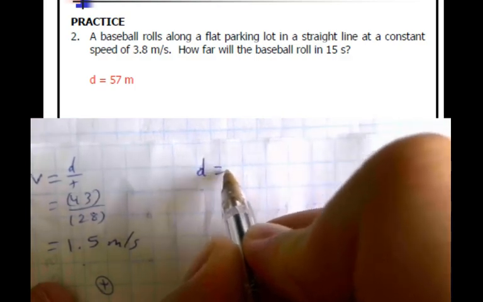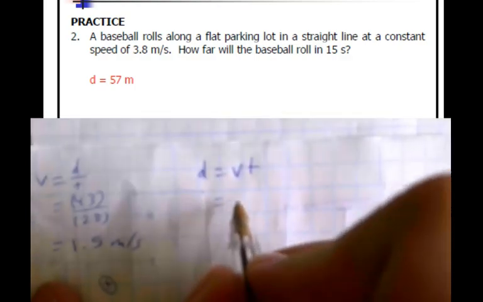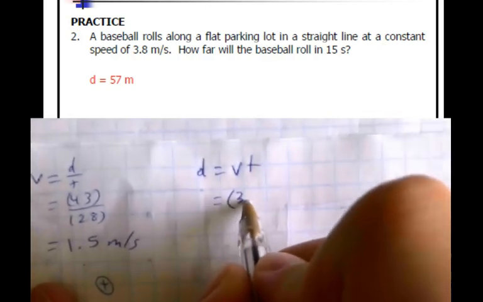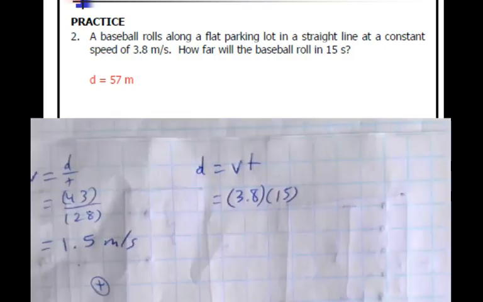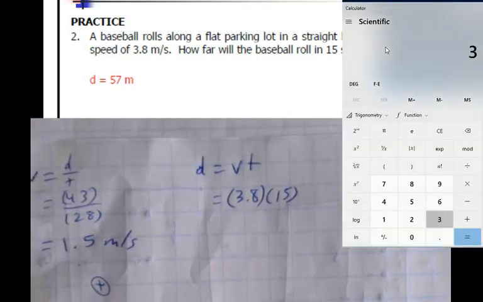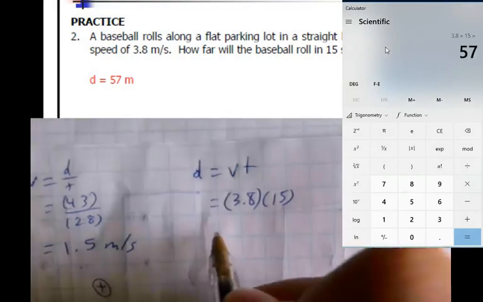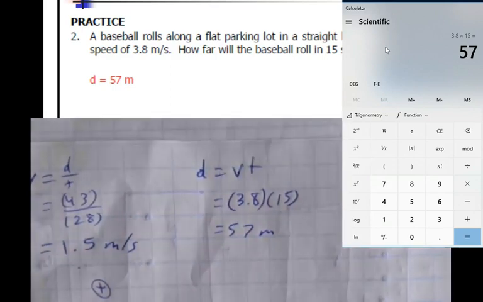Distance traveled is equal to the velocity times the time, and the velocity is 3.8. The time is 15. So let's pull up the calculator again. 3.8 times 15 works out to 57 meters that we've traveled.